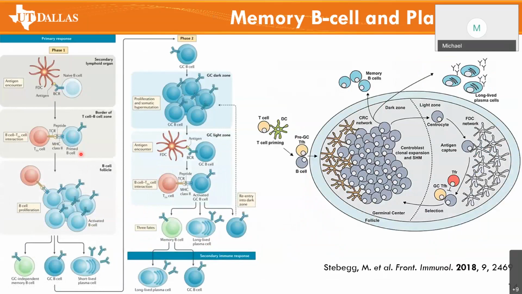And then once they activate, they proliferate and form a germinal center. The importance of a germinal center is that somatic hypermutation and class switching recombination occurs. So this is where B cells can improve their binding to a pathogen.